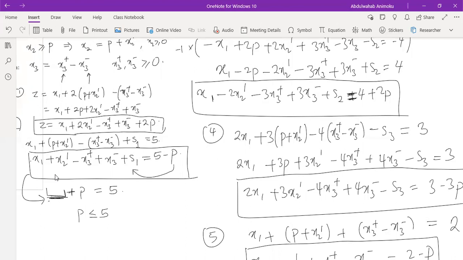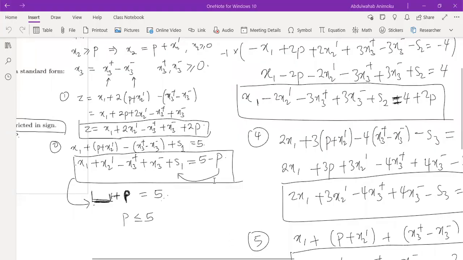X1 plus X2 bar and so on and so forth, plus P is equal to 5, right? Because of this relationship, we know that whatever we are adding to P, P would be less than or equal to 5, right?